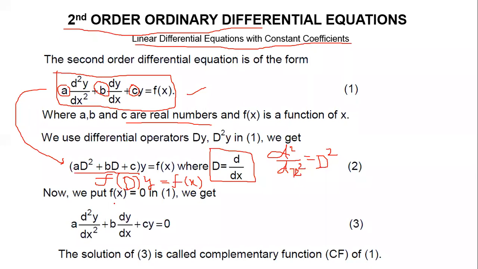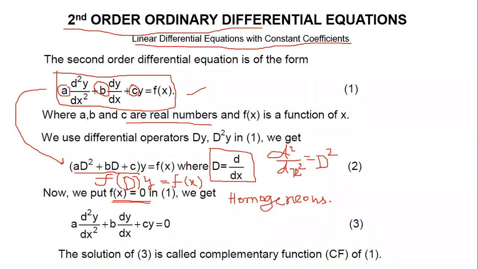In case the right hand side equal to 0, that means f of x equal to 0, then that equation is called the homogeneous equation. Otherwise, in case the right hand side is not equal to 0, some function of x, that is called the non-homogeneous equation.